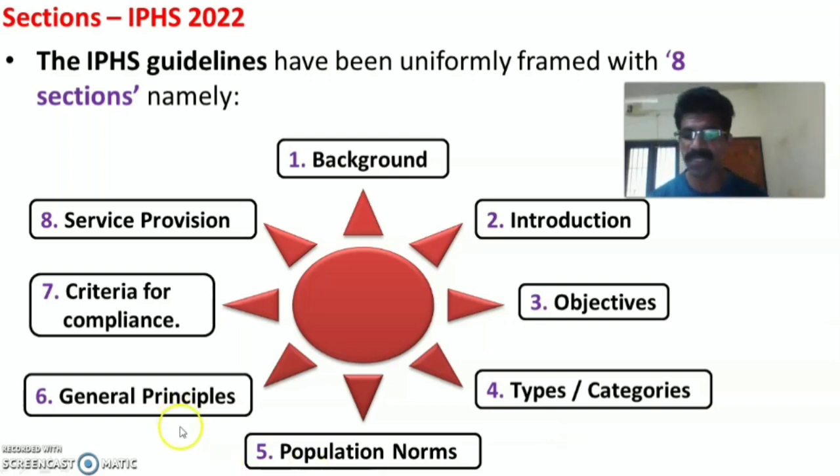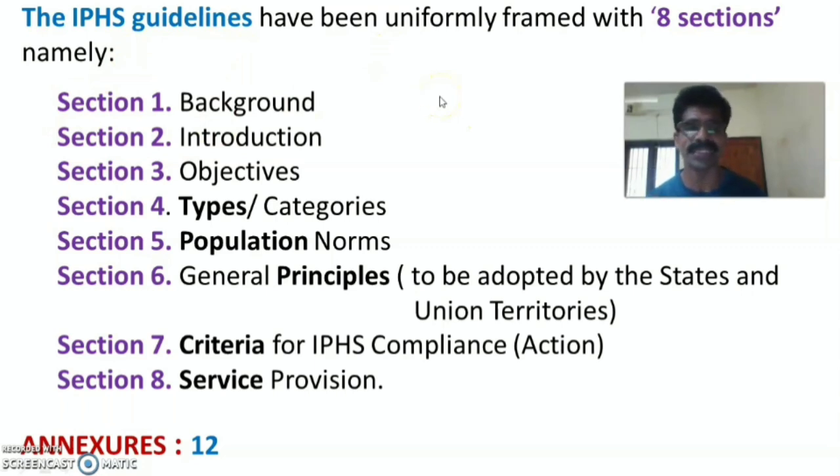Then the general principles to be followed by the health centers. Then the criteria for compliance to maintain the standards in an actual setting, that is, what criteria have to be followed by the health centers. And finally, what different services are provided and what infrastructure must be available in the particular health center to maintain quality health services. Thus there are 8 sections in the IPHS standards 2022.